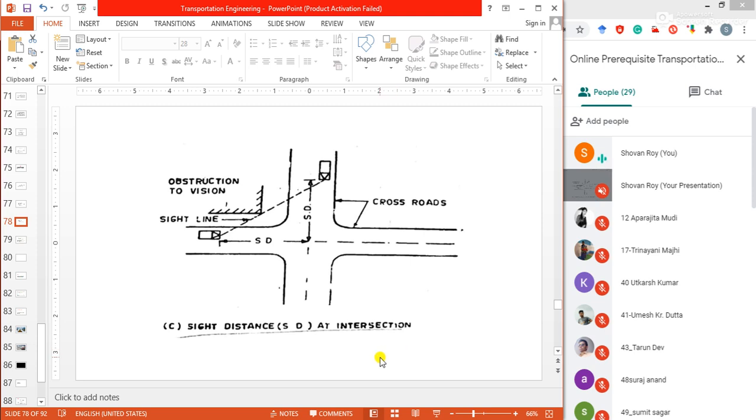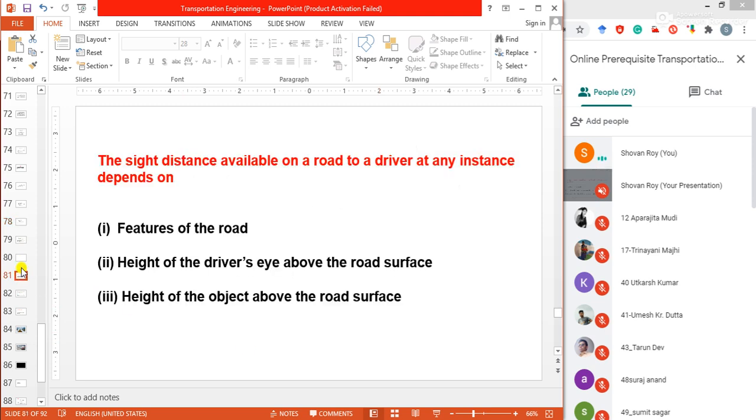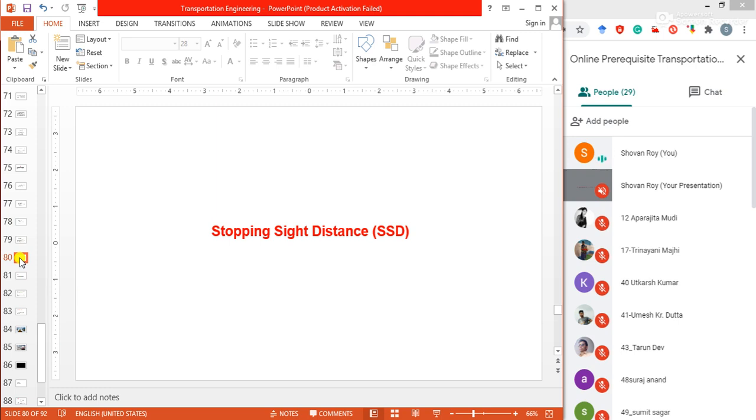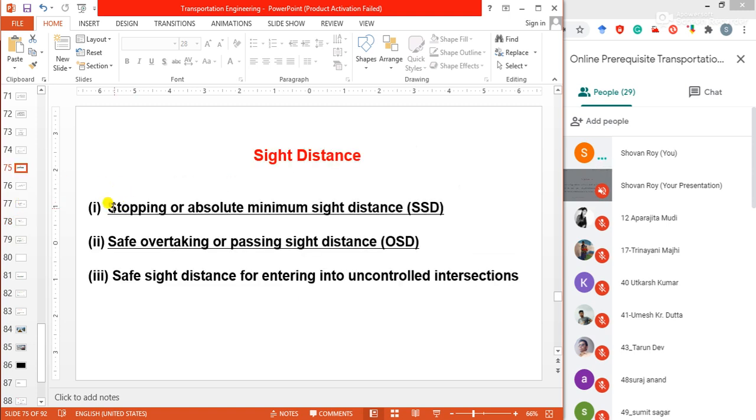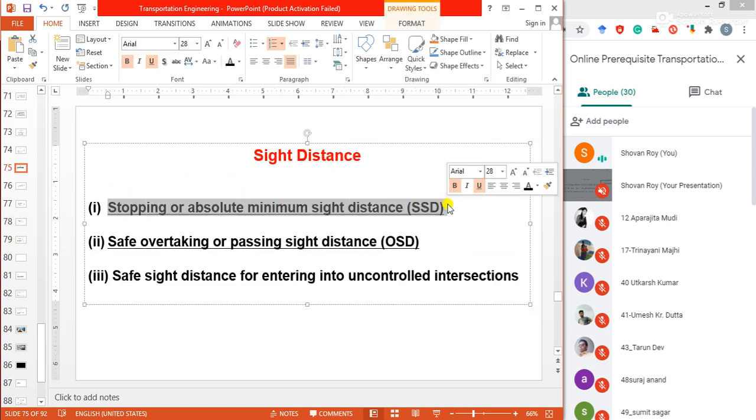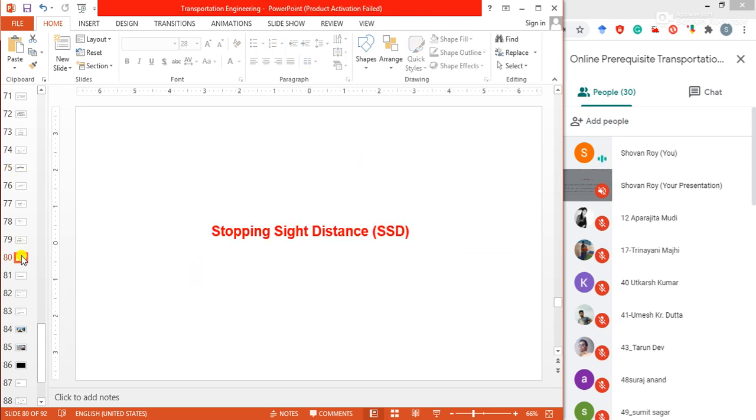Intermediate sight distance is defined as twice the stopping sight distance.